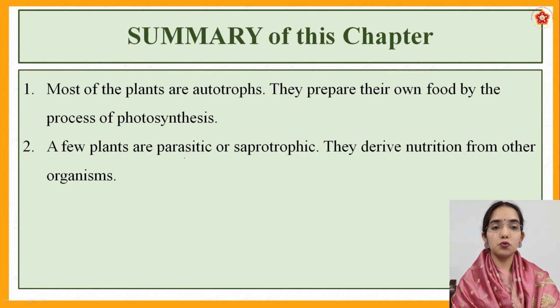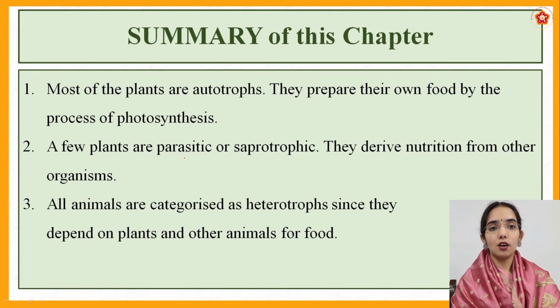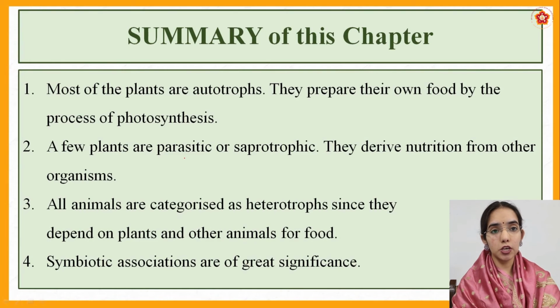They derive their nutrition from other organisms. We know that all animals are categorized as heterotrophs since they depend upon plants and other animals for food. Then we studied about symbiotic associations and how important they are, their significance we studied.